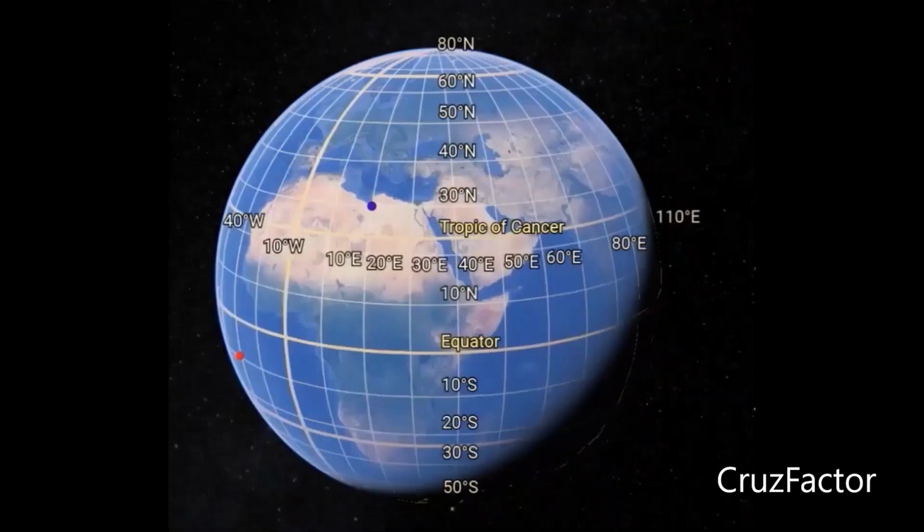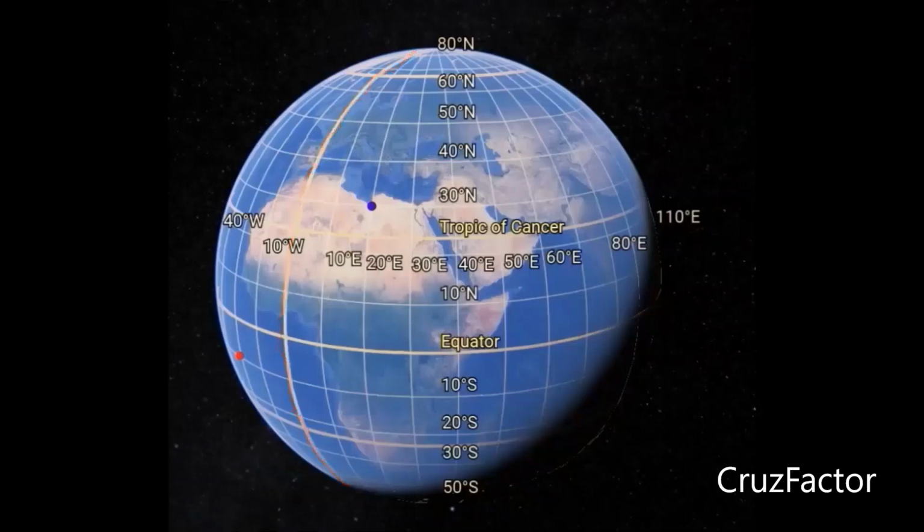So here are our first two locations. As you can see, I've got a red dot here, down in the bottom left corner, and a blue dot here. We're going to start off with the latitude first, the degrees. So as you can see, I've just drawn a line here to help guide me. There's the prime meridian, and that's 0.